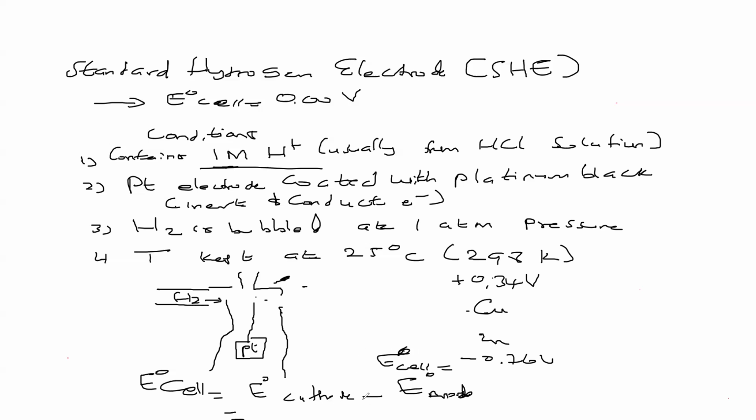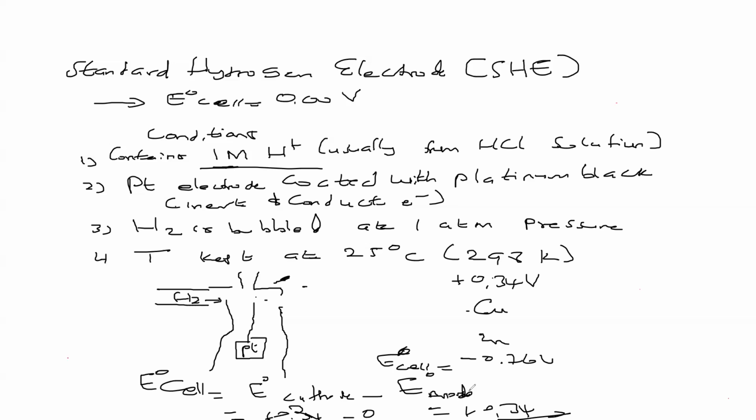Then if you were to substitute that here, remember for hydrogen you just put 0, and for copper you would say plus 0.34, because it says I get to be reduced easily. So this will just be plus 0.34. So you're always comparing with the standard potential, the standard one, which has 0.